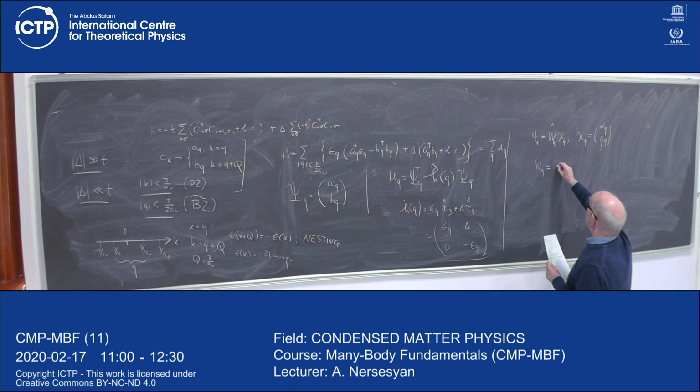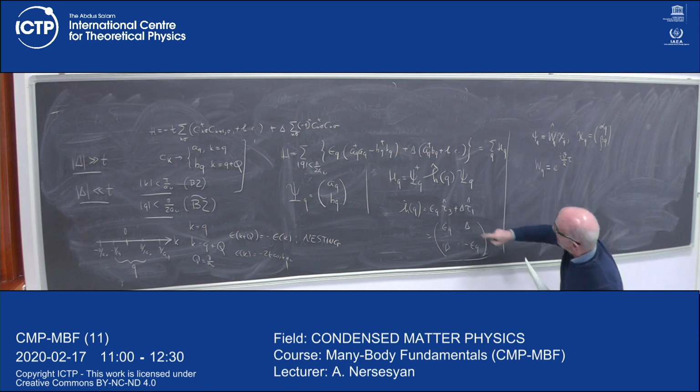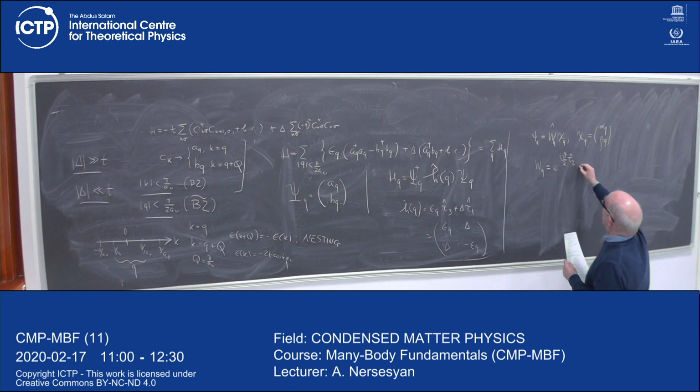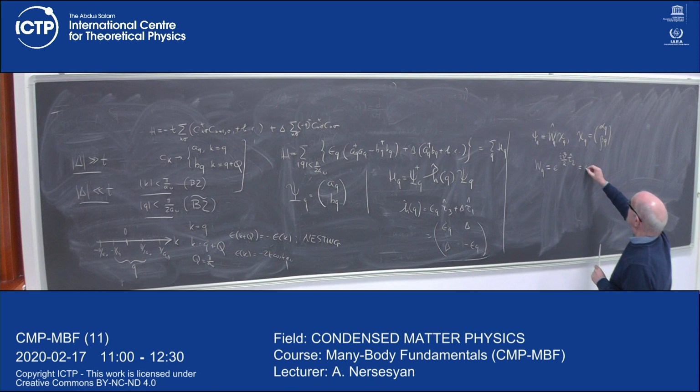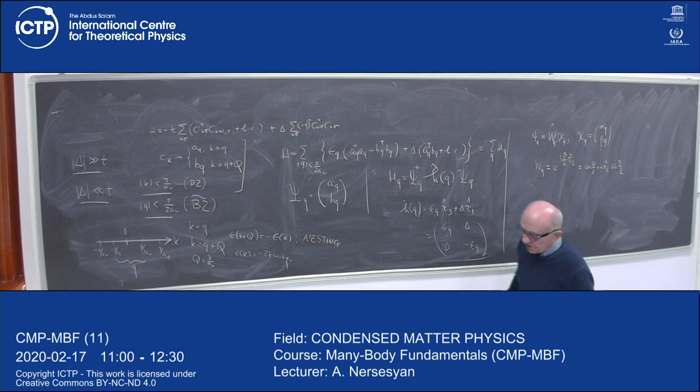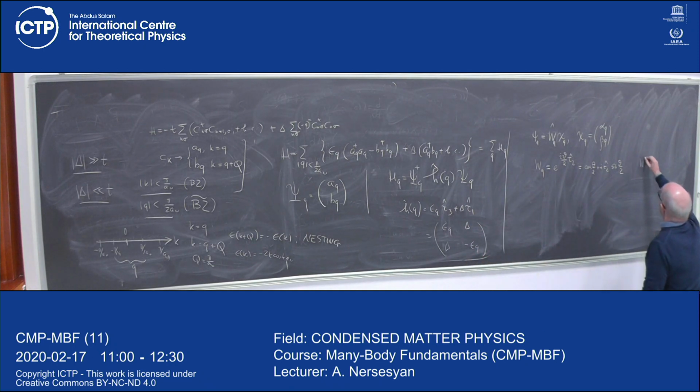which I choose to be e to the i theta divided by 2 times a Pauli matrix, tau 2, which can be written as cosine of theta divided by 2 plus i tau 2 sine of theta divided by 2. Such a unitary transformation, of course, W dagger W is 1.